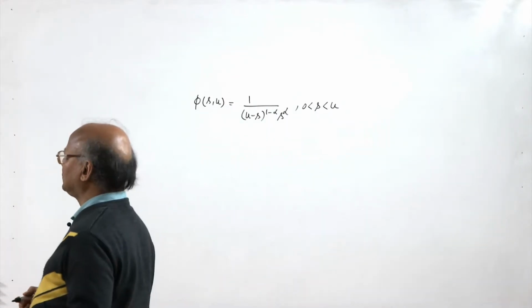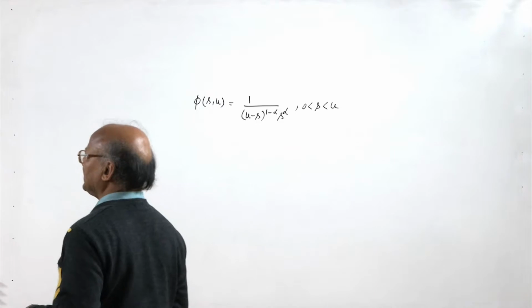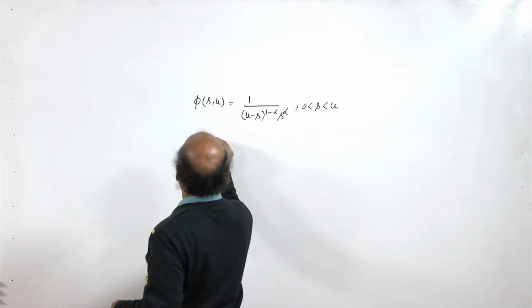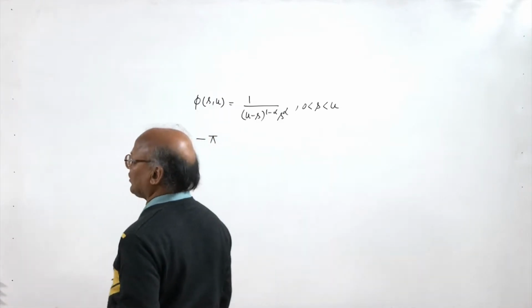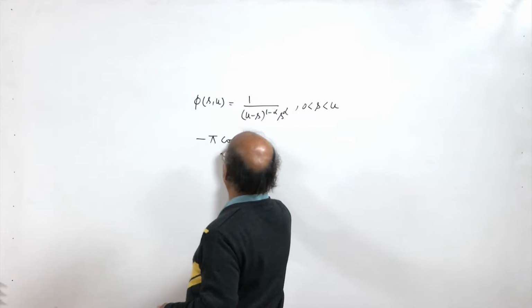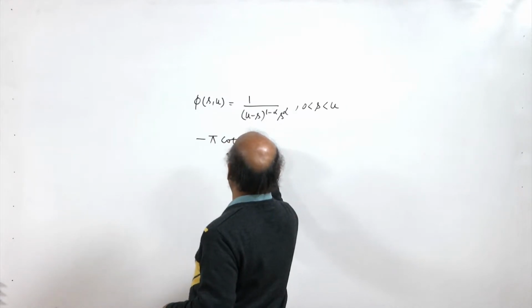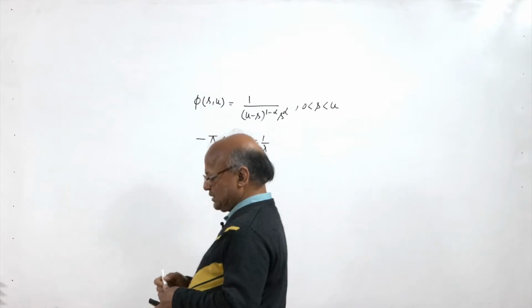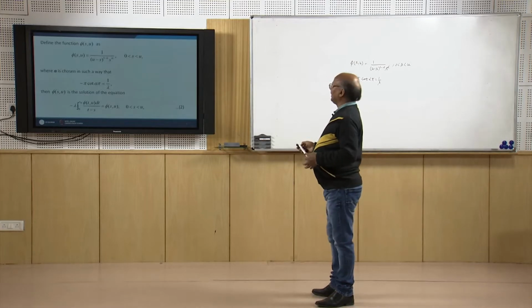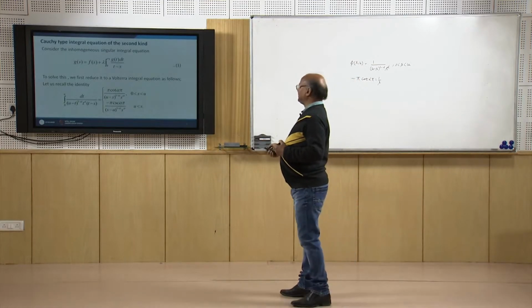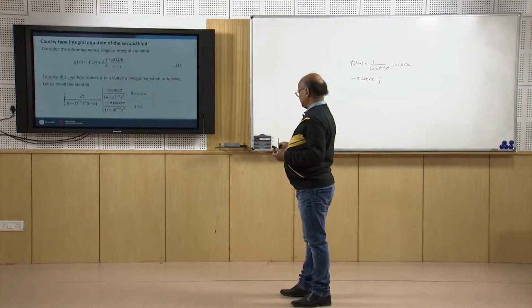And let us choose alpha in such a way that minus pi cot alpha pi equals 1 by lambda, where lambda is the parameter in the given integral equation.